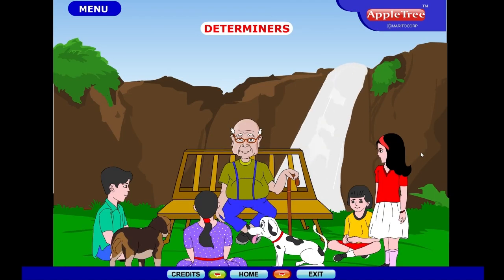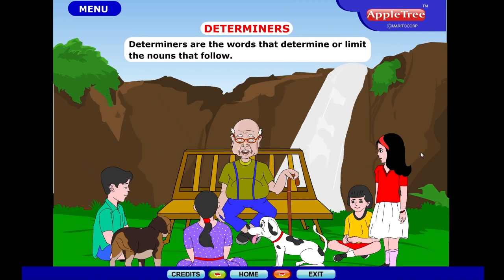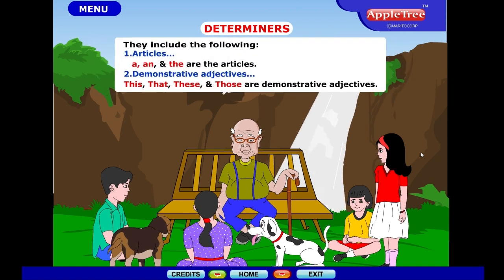Grandpa, what are determiners? Determiners are the words that determine or limit the nouns that follow. They include the following. Number 1. Articles. A, an, and the are articles about which we will discuss later. Number 2.